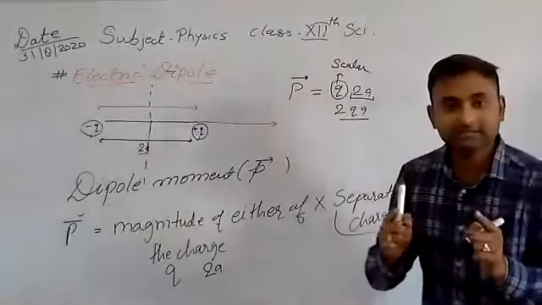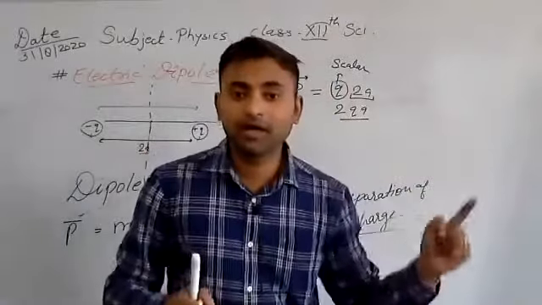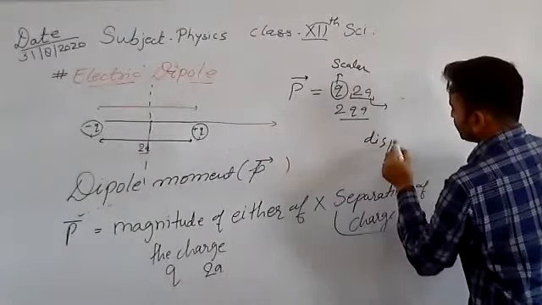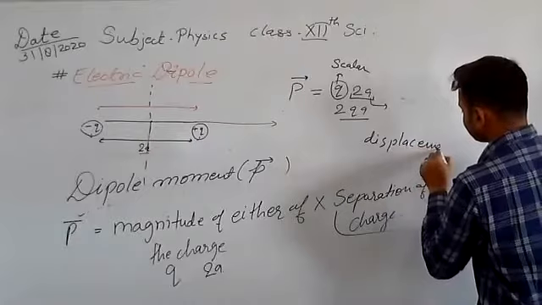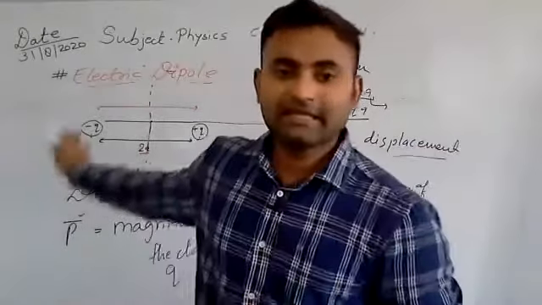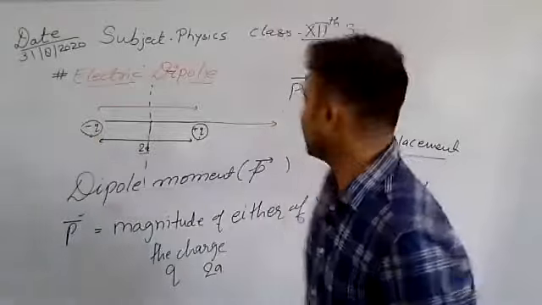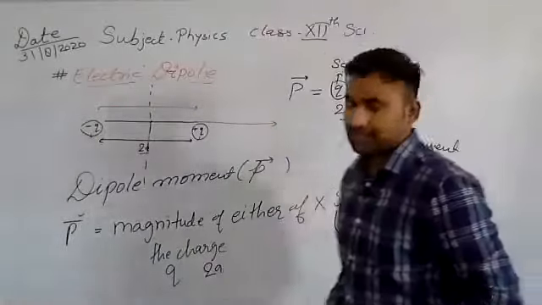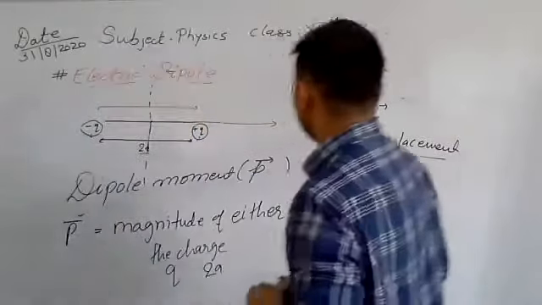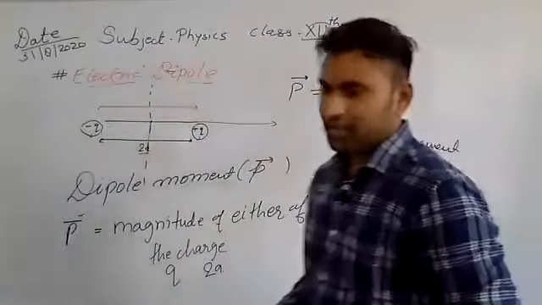It is length, or length vector kab hoga? When this length is nothing but the displacement, getting my point? When this length is nothing but the displacement, we can say that this moment will be a vector quantity. Okay?